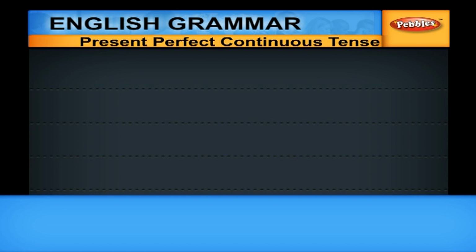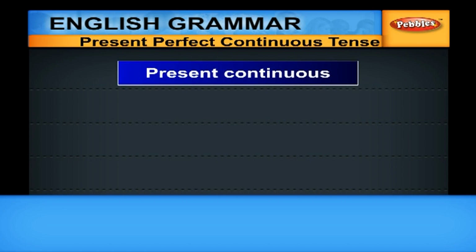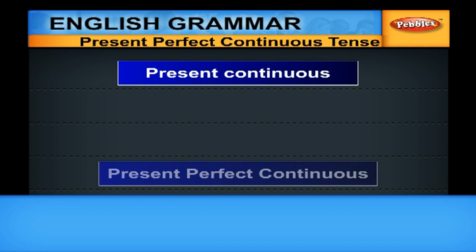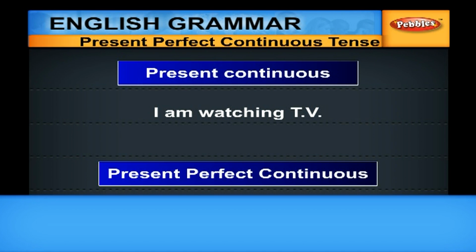What is the difference between present continuous and present perfect continuous? When I say, I am watching TV, I am talking only about my watching TV at that point of time. It is in present continuous.